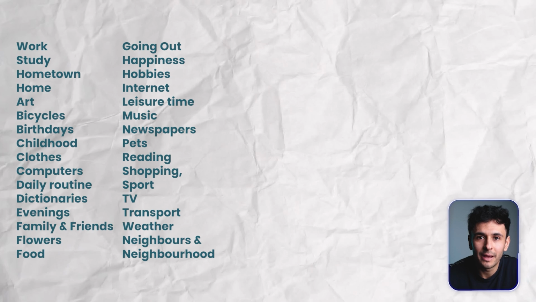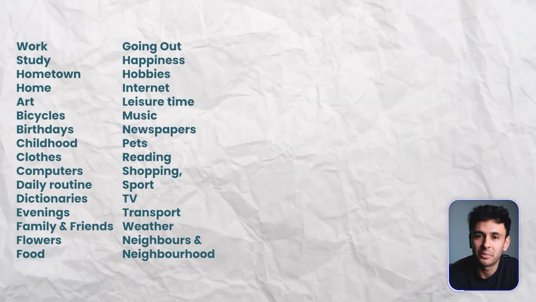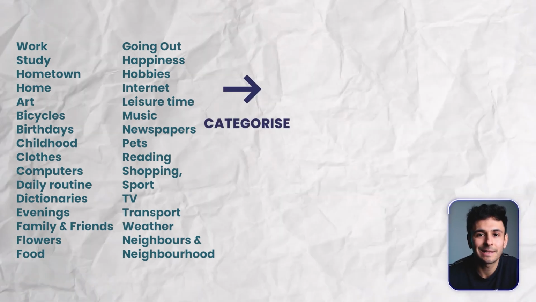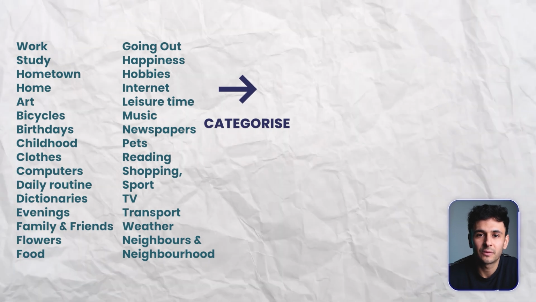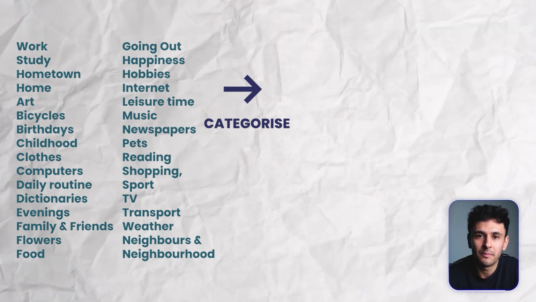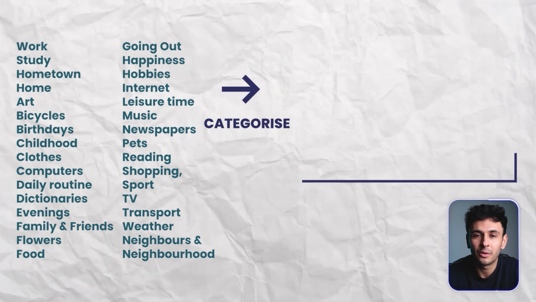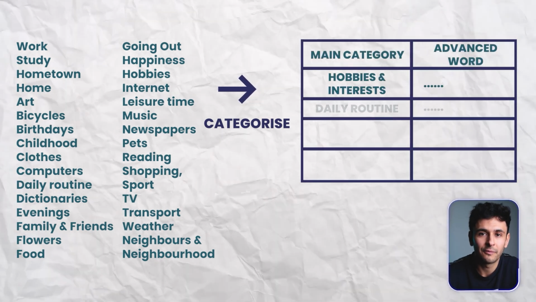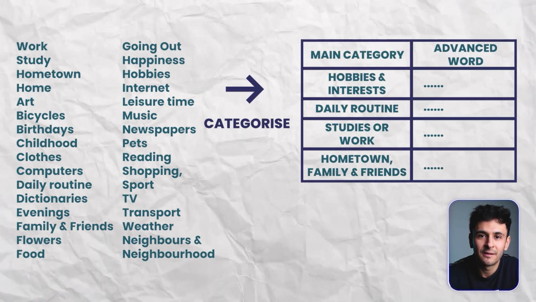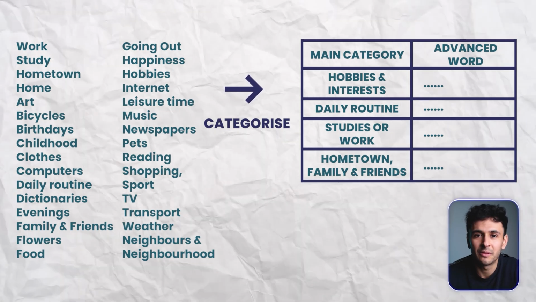Another smart way you could prepare instead is to try and categorize all these different topics. So you put them under some different headings, and you might end up with a table of only 4 main topics, listing all these subtopics within those.